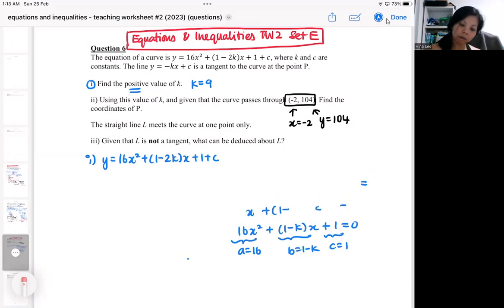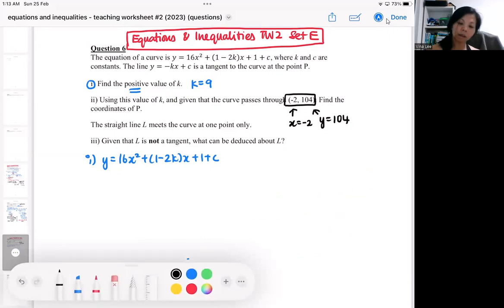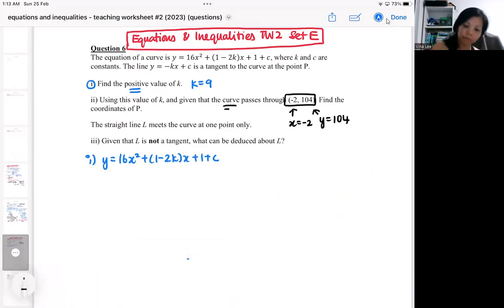Okay, so they say that the curve passes through the point. So you should sub the x and y into the curve. Okay, do you sub your k or not? Yes. You already gotten your k.